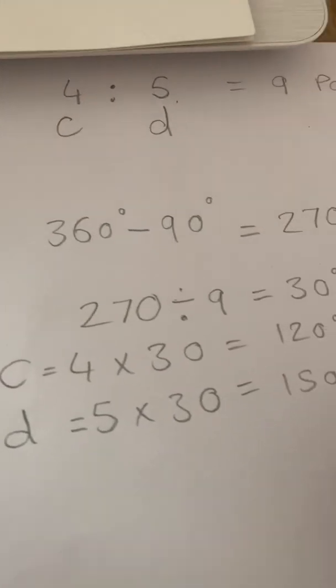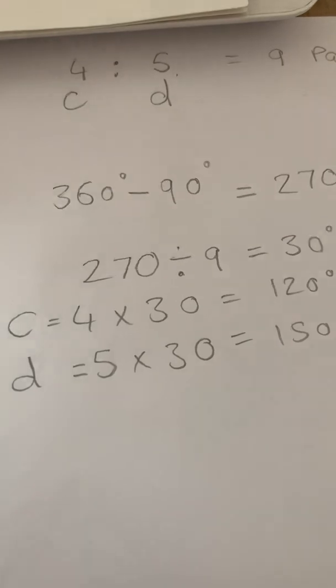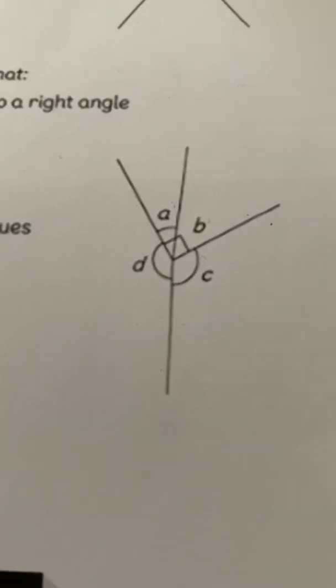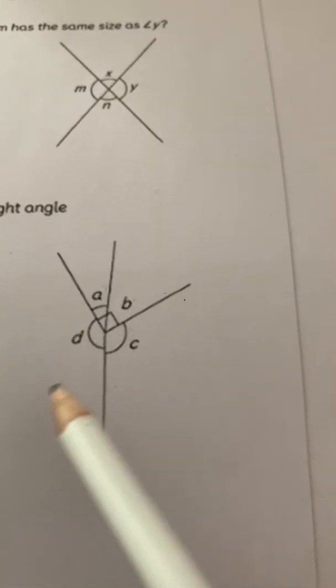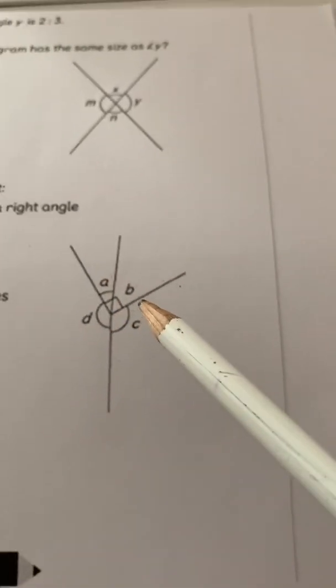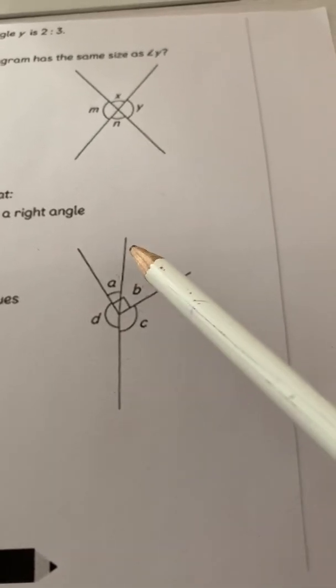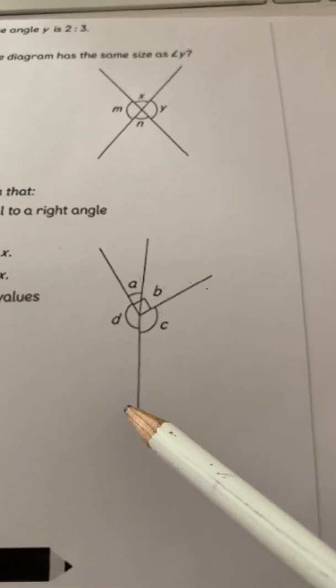Okay, so we're doing well so far. We have found out what most of our angles equal. So we've answered, oh, we haven't answered what A equals. So let's go back now, knowing what we know. We know the value of C and we know the value of D. And we also know that the value of A and B total 90. Now, also another rule that we need to remember is that angles on a straight line add up to 180.